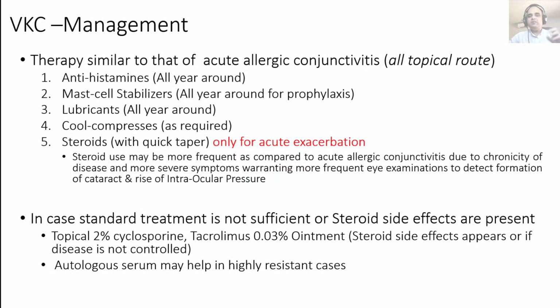But the shelf life of those is really limited, so you have to have really quick follow-ups, because unfortunately pharmacies in Pakistan can't really prepare these, and you need to go to a clinic or a hospital to get these made, but they do work in highly resistant cases.